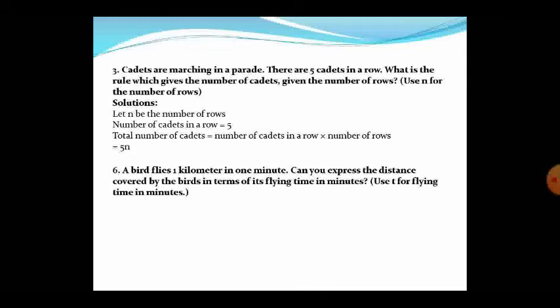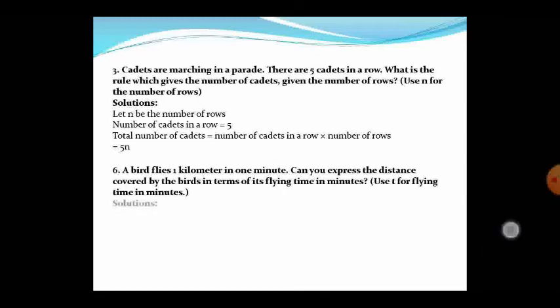A bird flies 1 kilometer in 1 minute. Can you express the distance covered by the bird in terms of its flying time in minutes? Use t for the flying time in minutes. They have given the variable, so you have to use t only. How many kilometers does the bird fly? 1 kilometer in 1 minute.